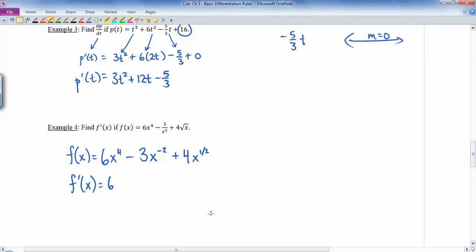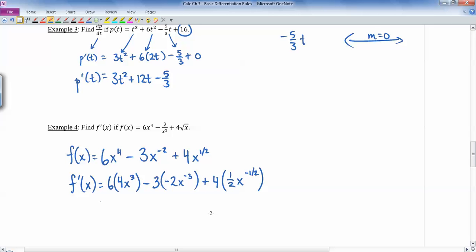So the first one, 6 is a constant, so then I'm just going to multiply it by the derivative of x to the 4th, which is 4x cubed. And then minus 3 is a constant, and x to the negative 2 becomes negative 2x to the negative 2 minus 1, so negative 3, using the power rule. And then the last term is 4, and then the x to the half becomes 1/2 x, and then I subtract 1 from 1/2, and I get negative 1/2.